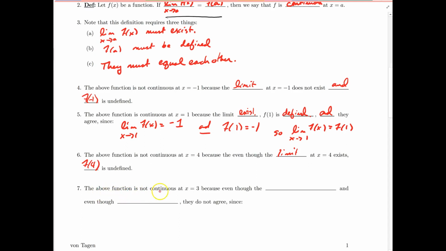The above function is not continuous at x equals 3 because even though the limit exists at x equals 3, and even though f of 3 exists, they don't agree. What's the limit as x approaches 3 of f of x?